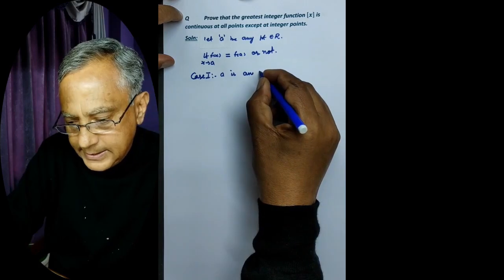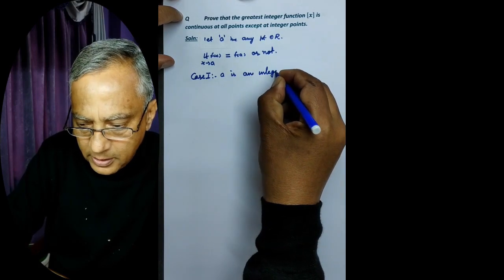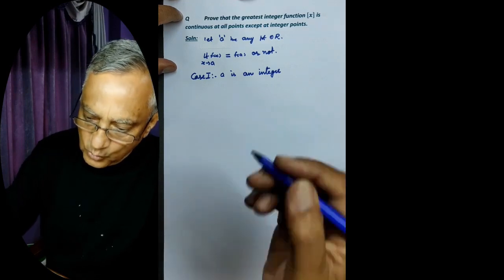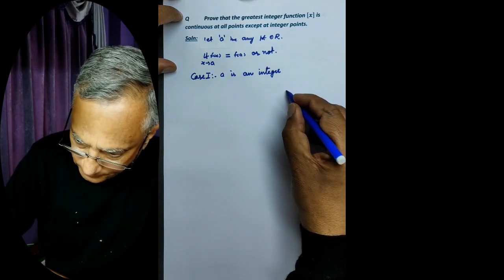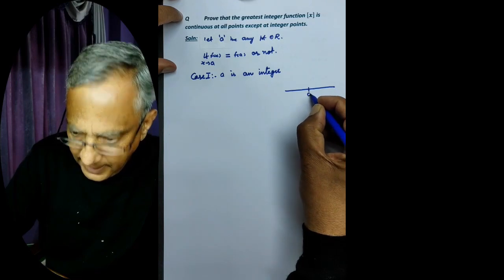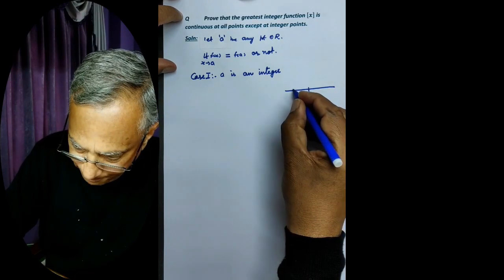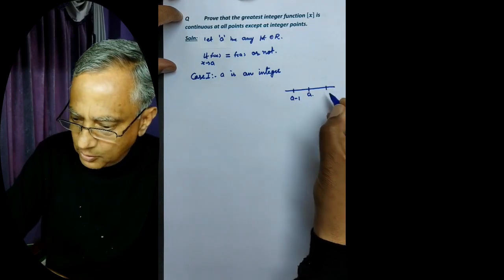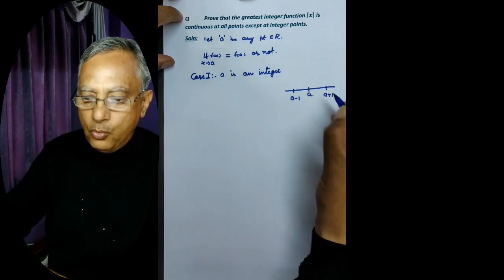Case 1 is a is an integer. If a is an integer, then what we do is, let this be the point a. Then the previous integer will be a minus 1 and the next integer will be a plus 1.